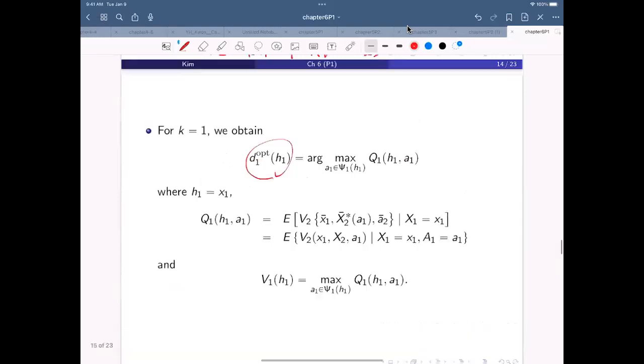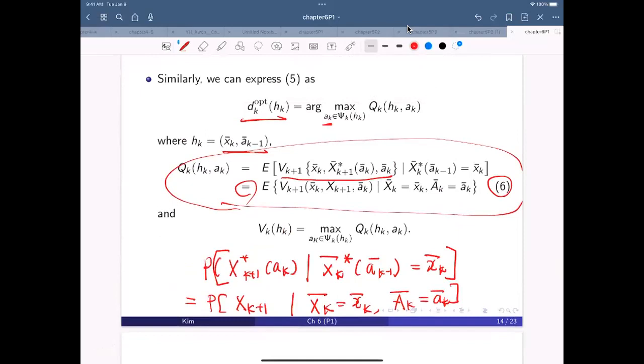One thing I should point out perhaps is that this is basically the history at step k. And then I have two unknowns. At history Hk, I have to decide two things. One is Ak, right?